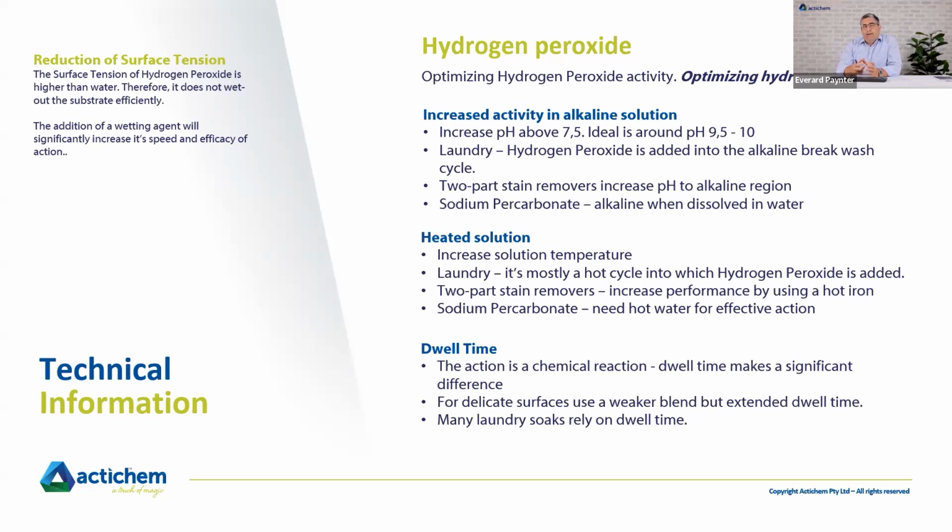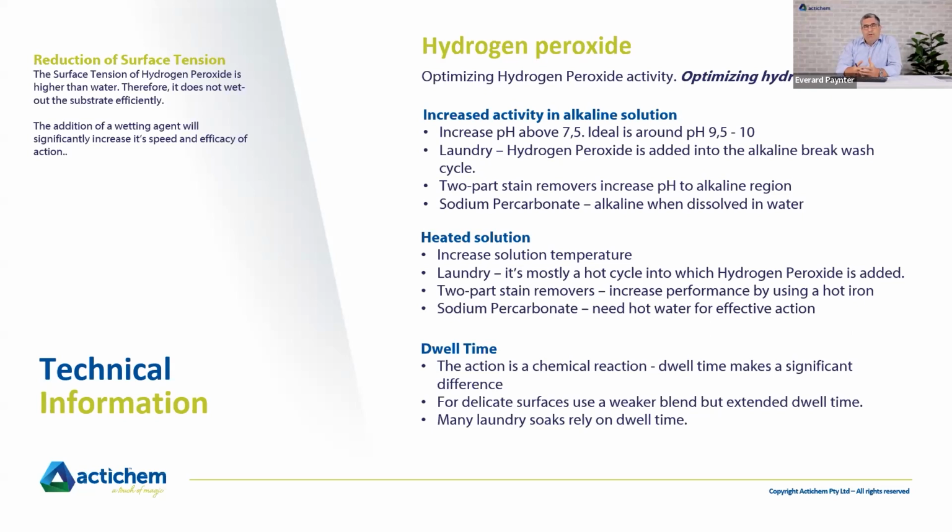The other part that is not generating oxygen or hydrogen peroxide is in fact sodium carbonate, which is alkaline. So that sodium percarbonate, when dissolved in water, is released into this alkaline region, which is why sodium percarbonate is so effective.